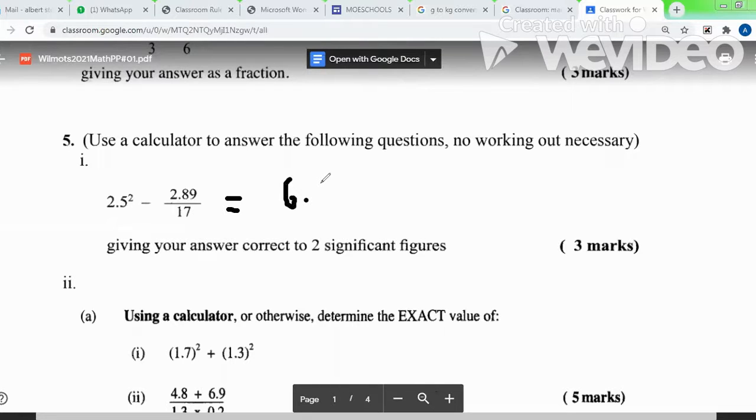Tell me what you get. You're breaking up, miss. Say it again for me, please. 6.1. Okay. I want you guys to tell me what you got before you round it off to 2 significant figures. 6.08. All right. So, what do you do?